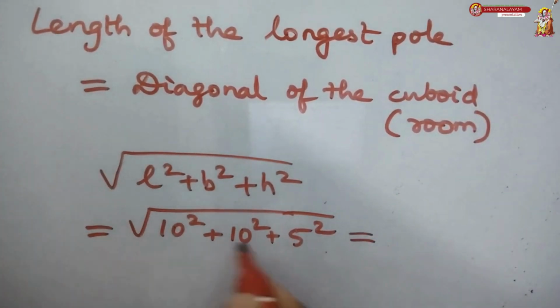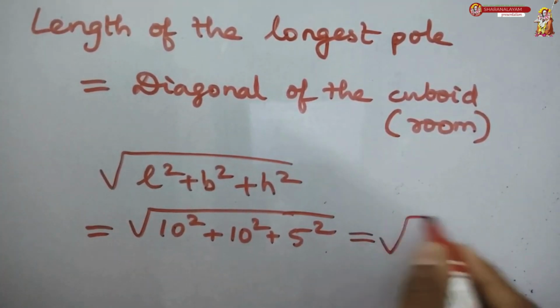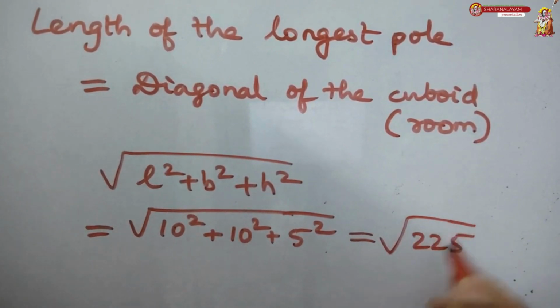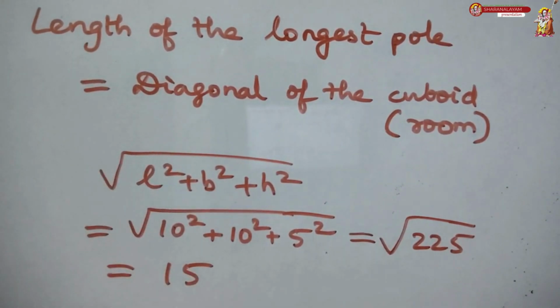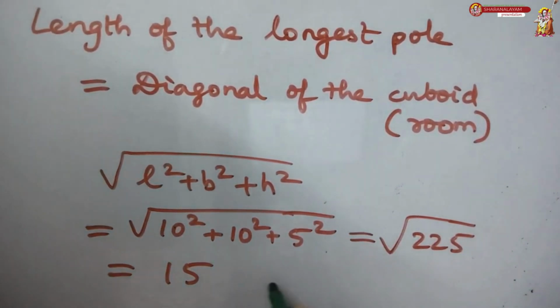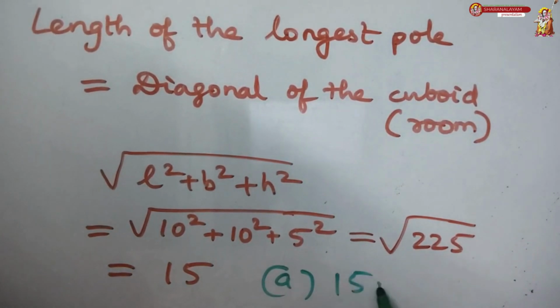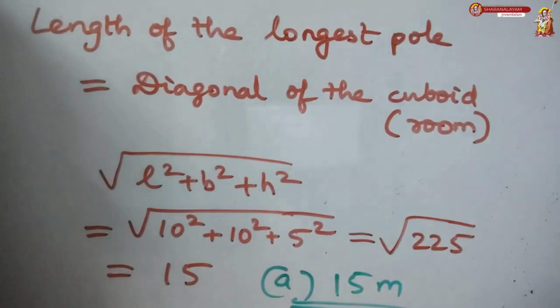How much is this? 100 plus 100, 200, 200 plus 25, 225. And what is square root of 225? 15. So the length of the longest pole that can be put in that room is option A, 15 meters.